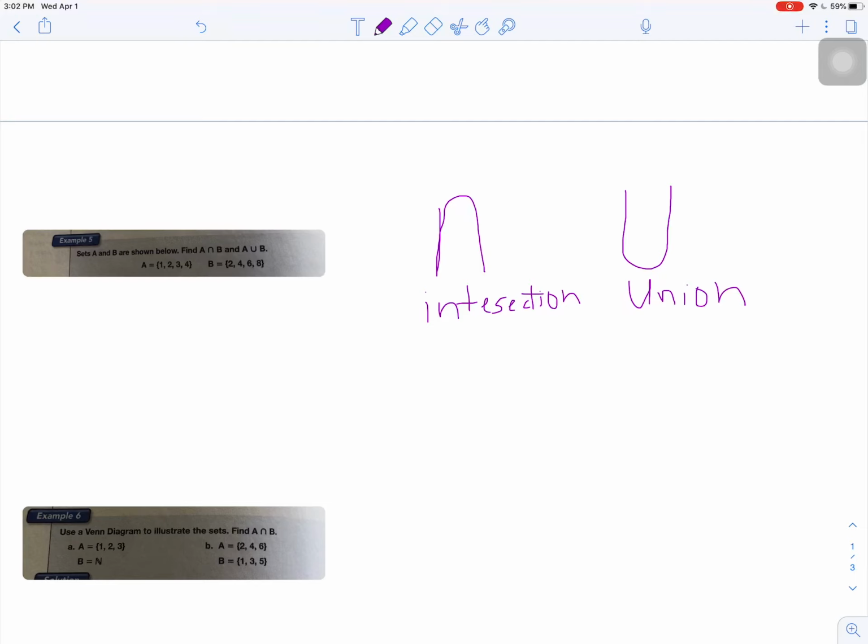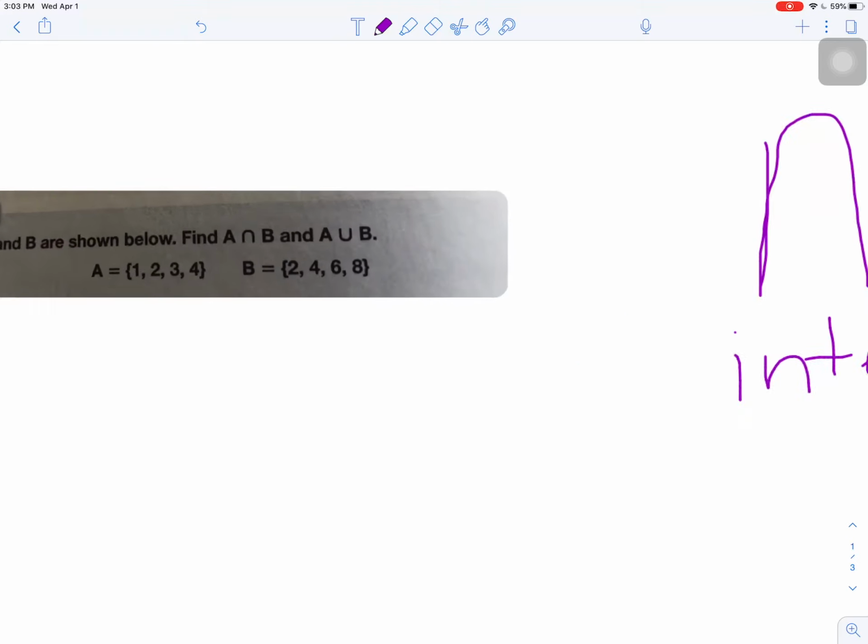This one here is asking, sets A and B are shown below. Find the intersection of A and B. So what would you think the intersection of A and B would be? Well, you see that A and B intersect with two different numbers.